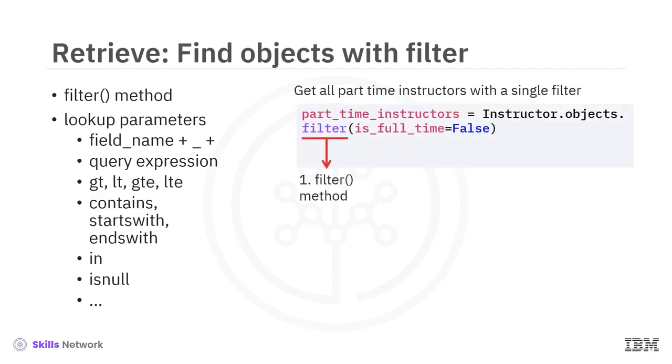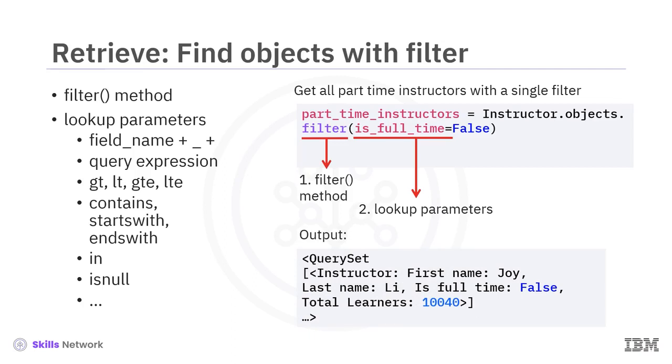Lookup parameters contain the field name and the query expression, which can be empty for an equal check or separated by an underscore for other checks. In this example, we're checking that the Boolean field is full-time is false to create a subset of only part-time instructors. The course model manager will return all part-time instructor objects contained in a query set object.